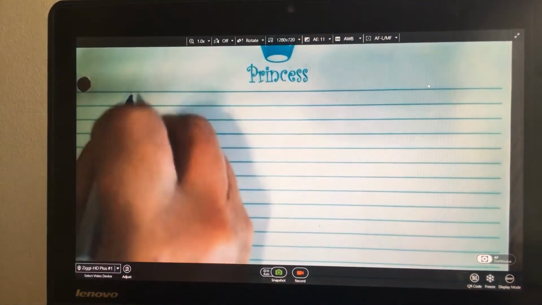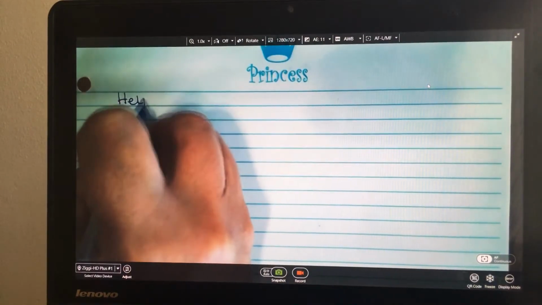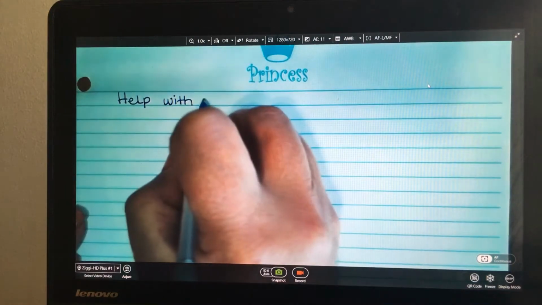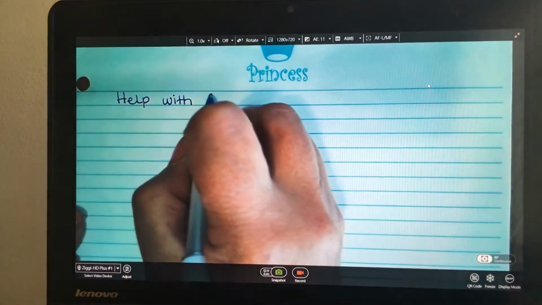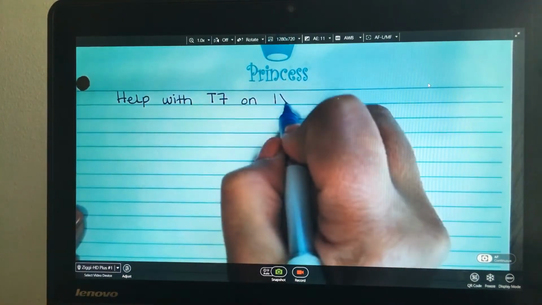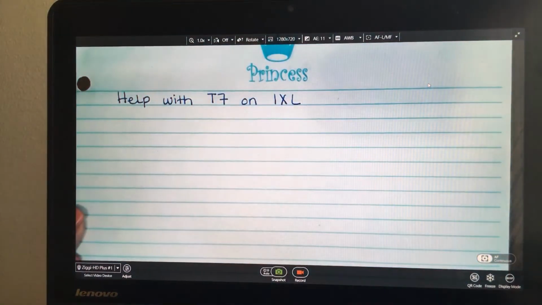Good morning. Before we get into the new lesson for this week, I wanted to help with T7 on your IXL assignment for last week.